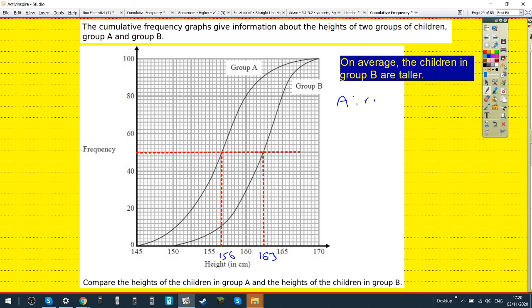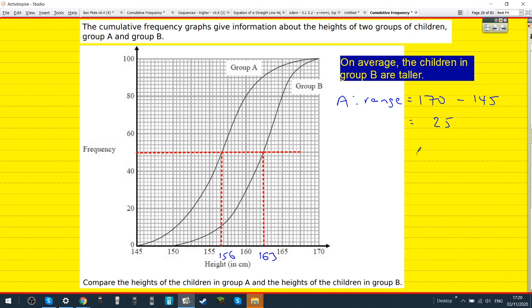So the range. How do you get range? Subtract. Mm-hmm. Your answer would be 25.